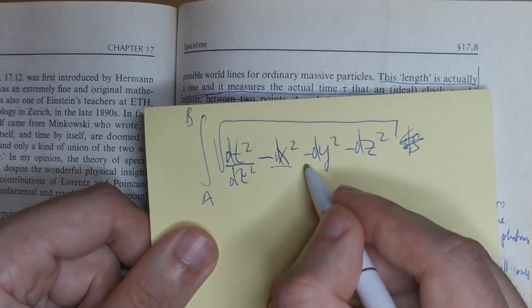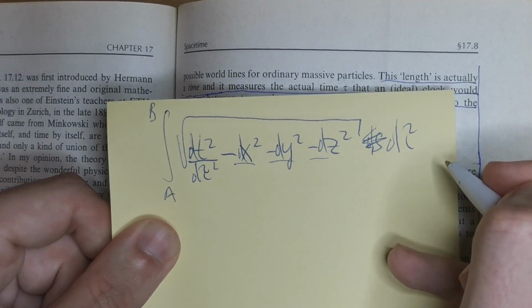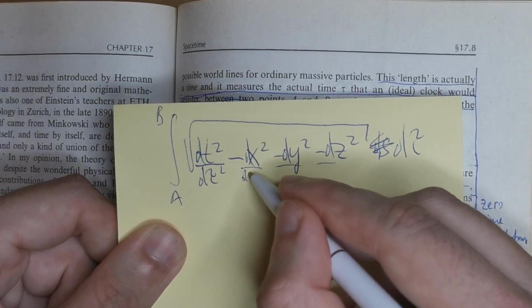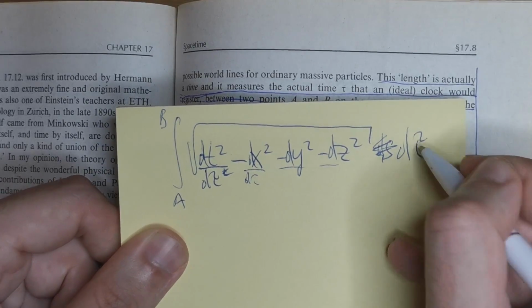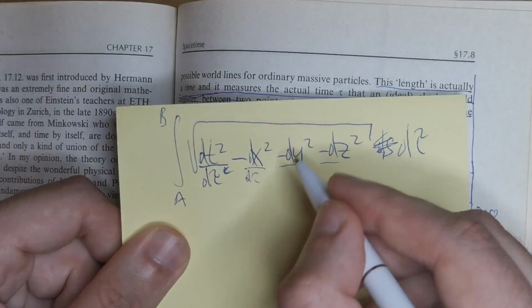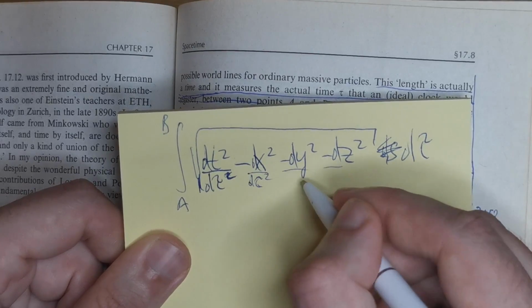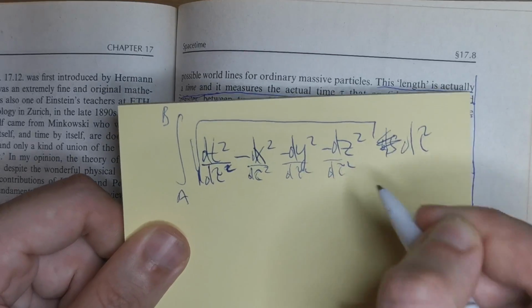So you divide everything and multiply outside also by d tau. That would just be d tau, not d tau squared, outside the square root. My apologies. There would be squares when you bring it into the square root. Yeah, so that's it.